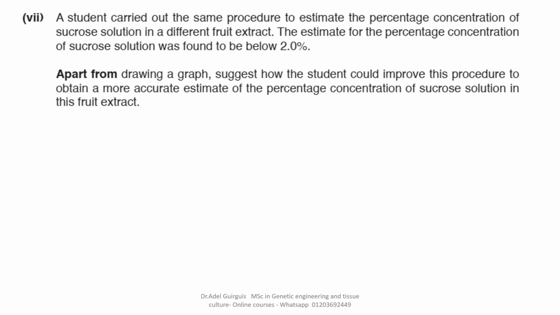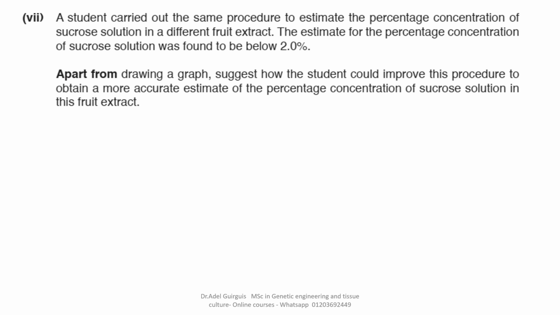How do you recognize that it is below 2%? Because of the time recorded. Okay, the time recorded is more than 120 seconds. So for sure it contains little concentration, less than 2%.